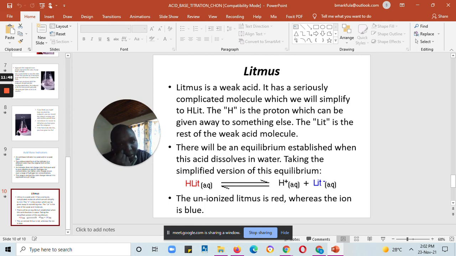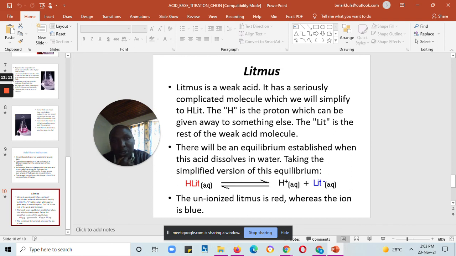We have said that you must set the apparatus according to the diagram that I had given you. You must also ensure that you have all the reagents, that is the standard solution and the solution of unknown concentration, which you want to determine its concentration.